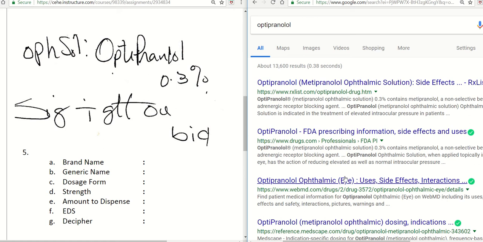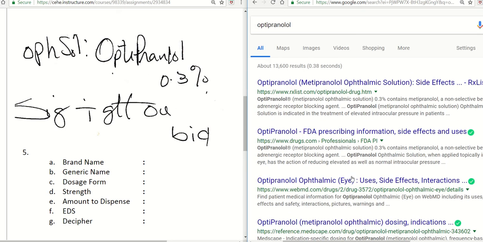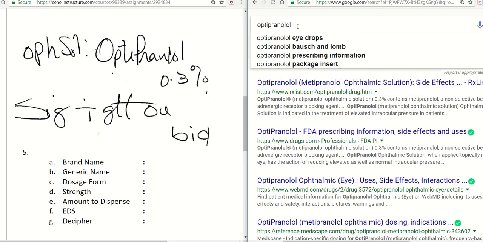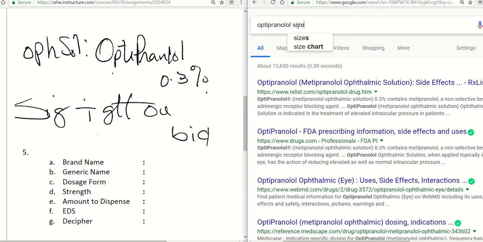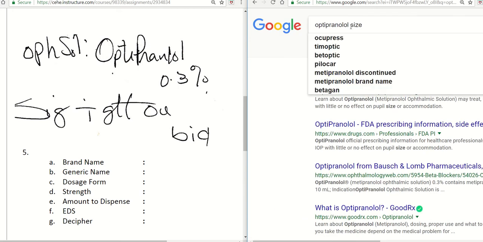Amount to dispense. So how big is this bottle? Let's see, package size.